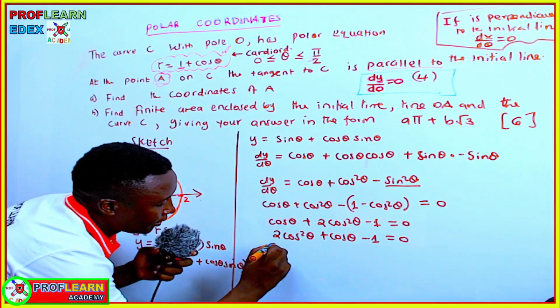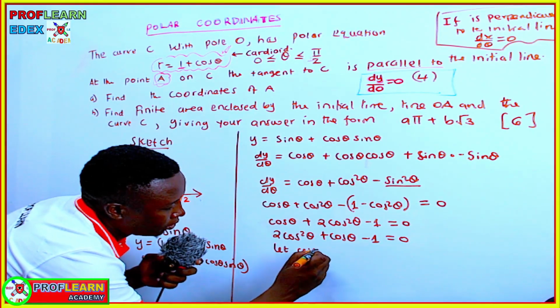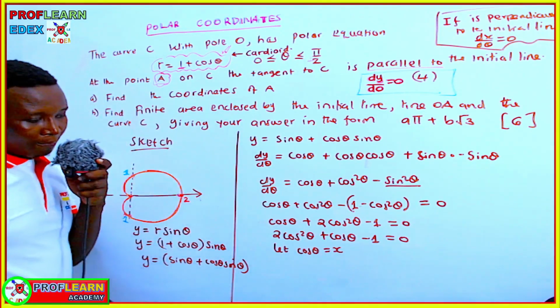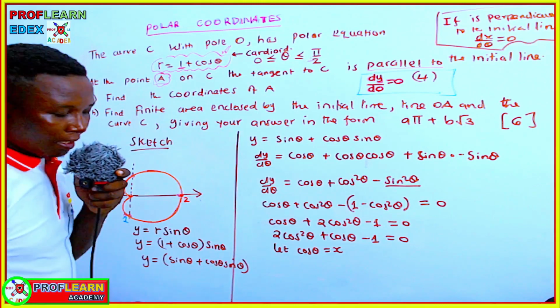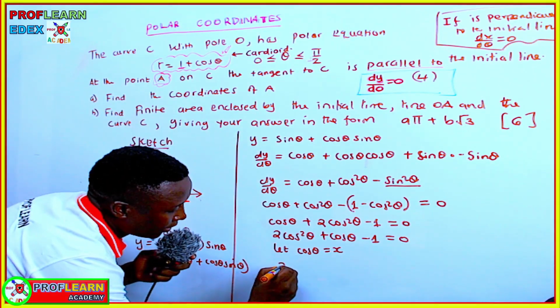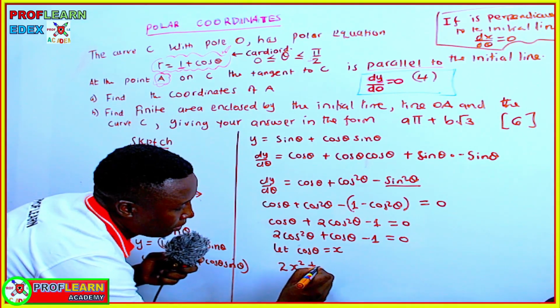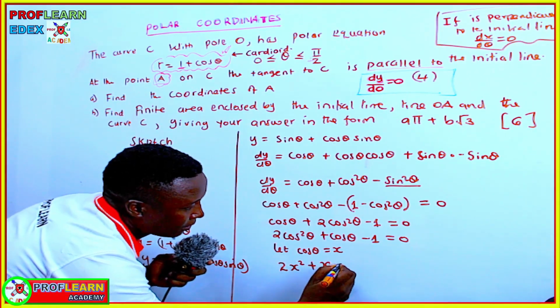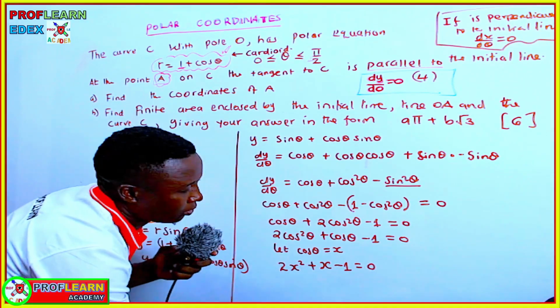So we can now say let cos theta be equal to x. In that regard, we have a quadratic 2x squared plus x minus 1 equals 0.